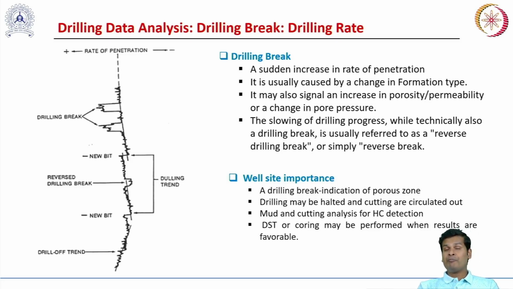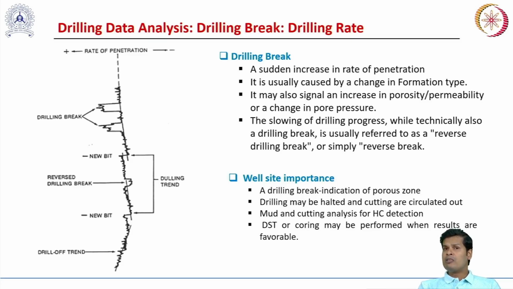So if the rate of penetration or the drilling rate is increasing, this may be an indication that we are entering a zone where porosity and permeability are increasing, or there could also be a change in pore pressure. So delta P has changed, and because of that, our rate of penetration has changed.